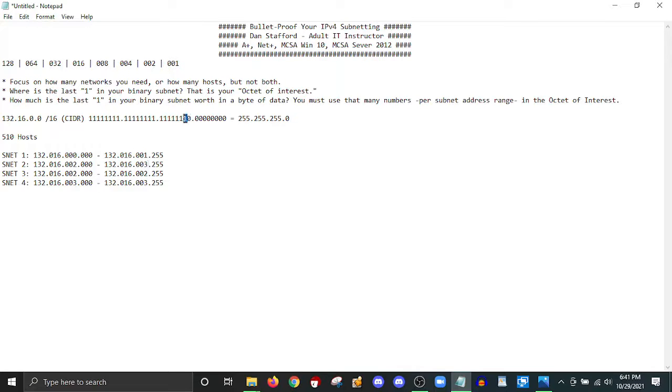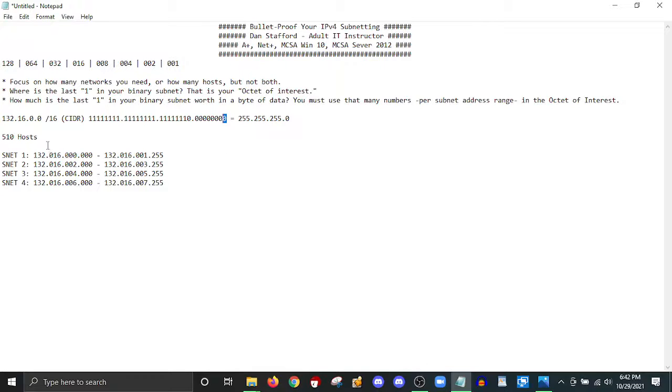Because my last one is here now in the third octet, and it's worth 2. And 4, 5, 6, 7, and that's how you would work hosts. You work with the number of zeros, but you take away two addresses for the network and the broadcast.